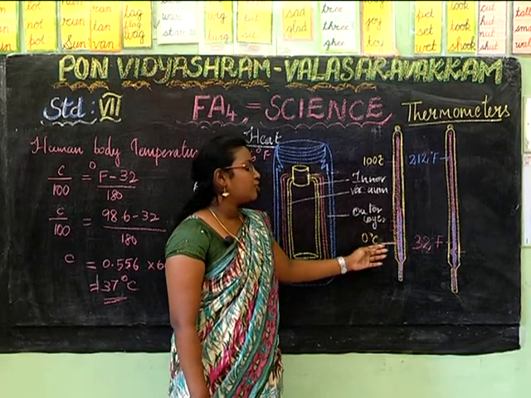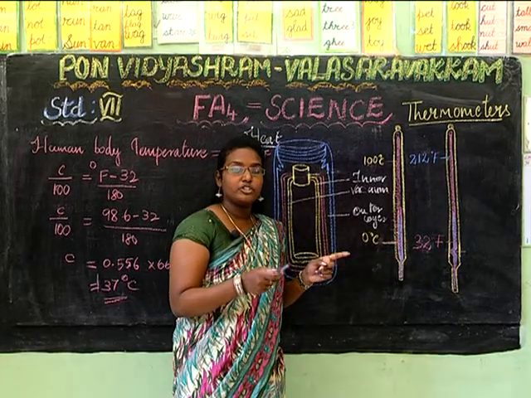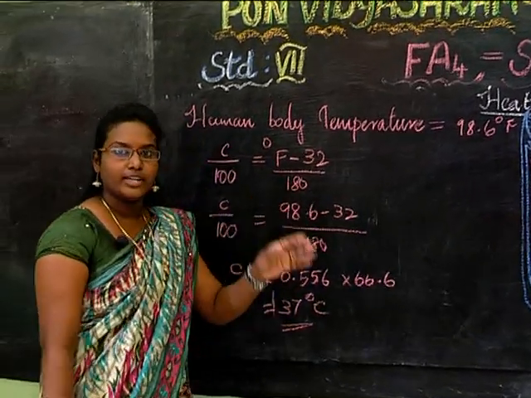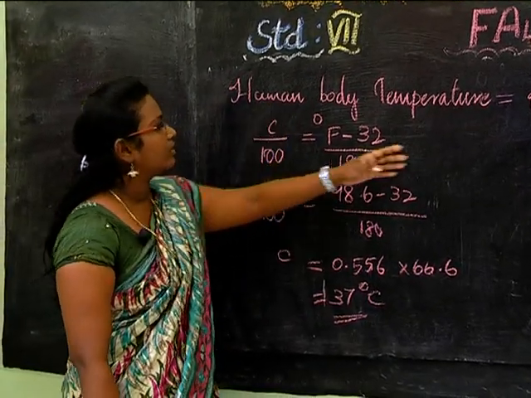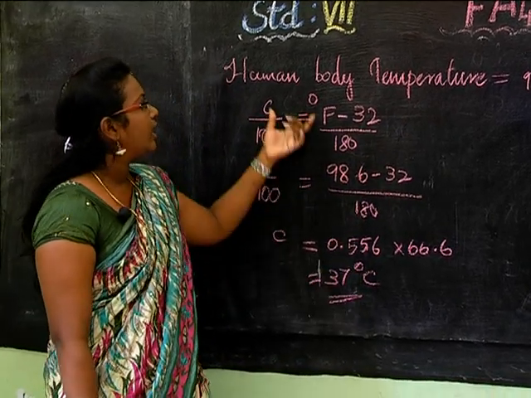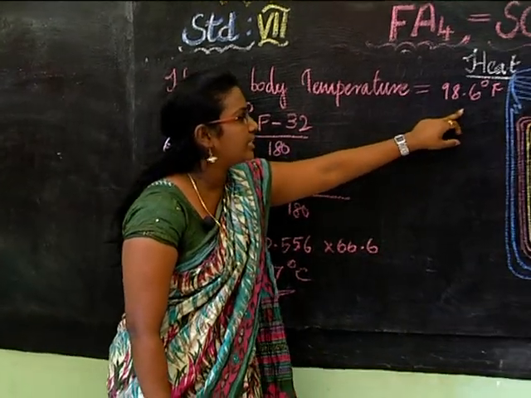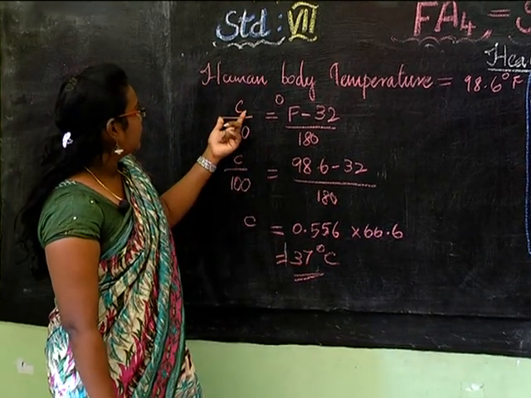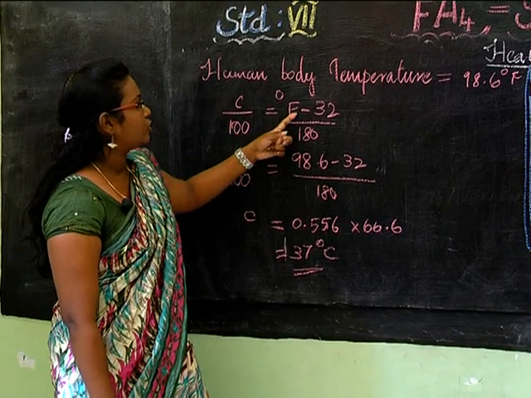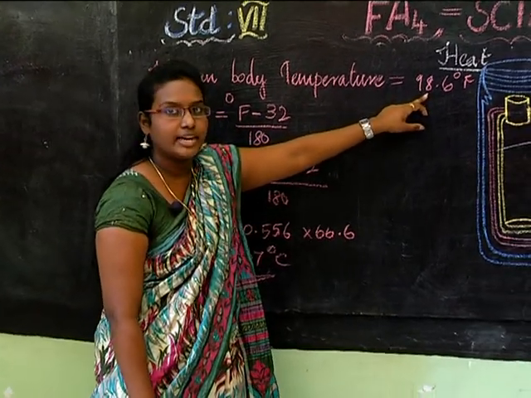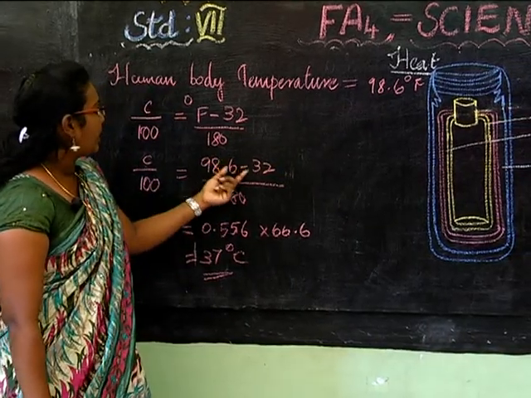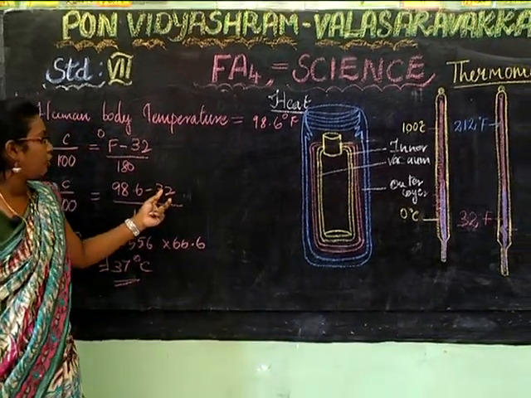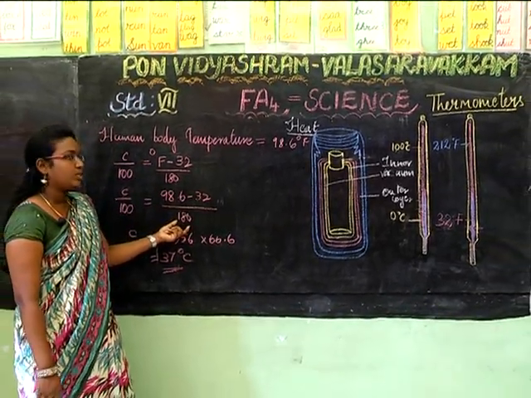As we are discussing Celsius and Fahrenheit, we want to know the conversion between Celsius and Fahrenheit. To convert Celsius into Fahrenheit or Fahrenheit into Celsius, I start with the conversion into Celsius. The human body temperature is 98.6 degrees Fahrenheit and I am going to convert it into Celsius. Just check that C, that is Celsius divided by 100, is equal to the Fahrenheit reading, 98.6 degrees Fahrenheit minus 32, which is the starting point or lower fixed point of Fahrenheit, divided by 180, which is the parts.